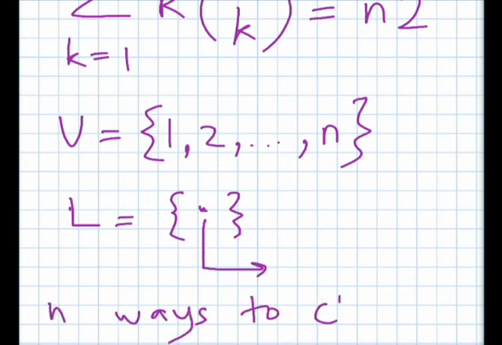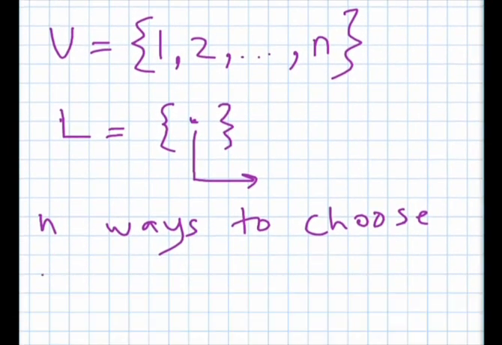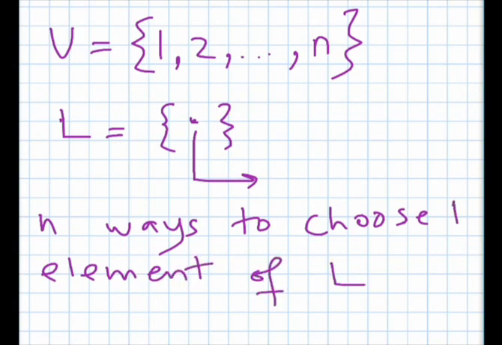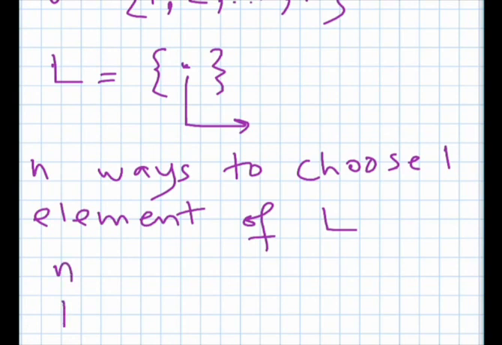To choose one element of L. Why n ways? Because n choose 1 is equal to n.